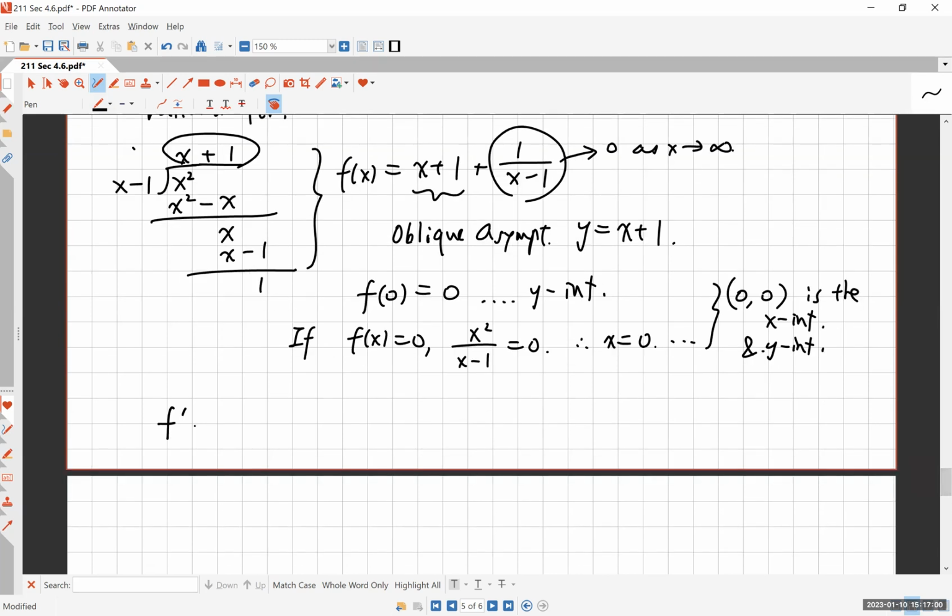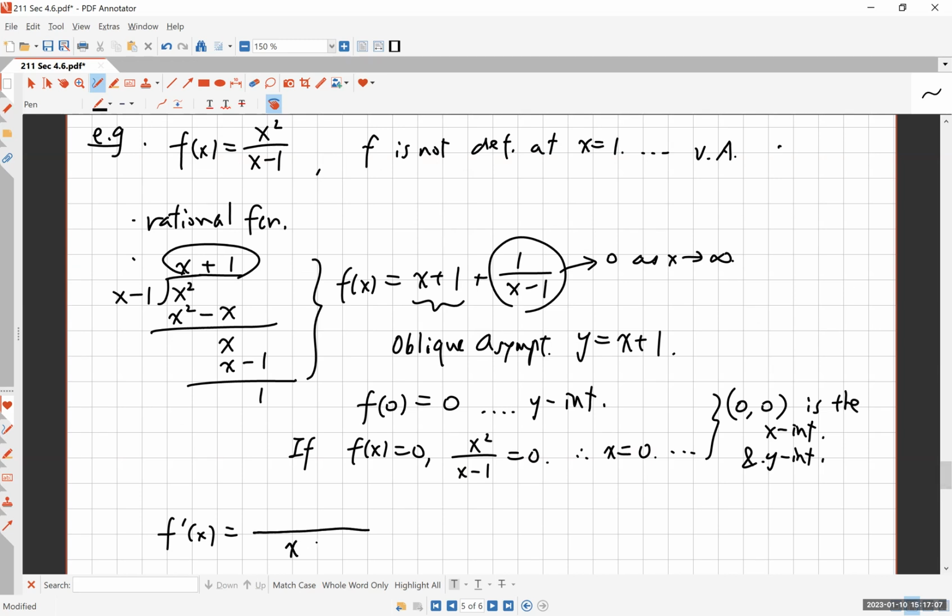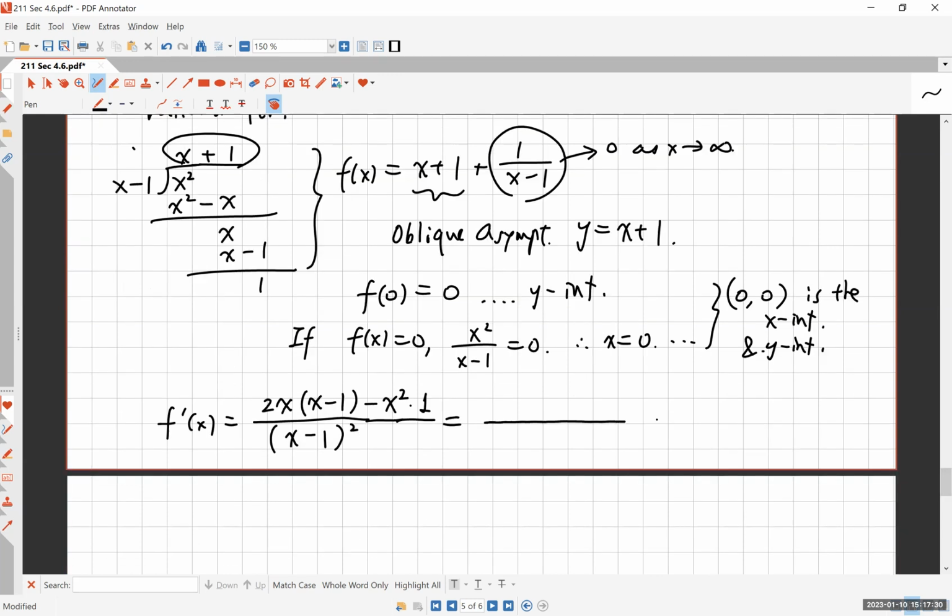Well, let's take the derivative of this function. I like to take care of the denominator first. You square the denominator, and then the top. So what is the numerator in the quotient rule? It's going to be the derivative of the top times the bottom minus the top times the derivative of the bottom. I always say those things as I do this.